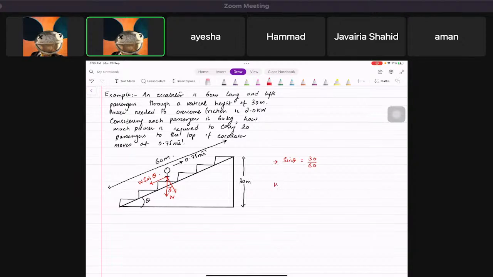The equation for force is W sine theta, and W is basically mg. So the mass of the passengers was basically 60 kg, and there were 20 passengers. So that would be the total mass. That's multiplied with 9.81 to find the weight, and then the sine theta. I intentionally left it like this because I just want to replace sine theta as 30 over 60. Got it?